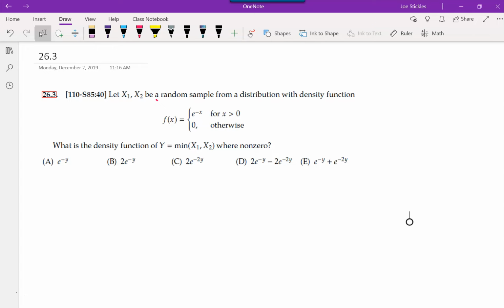I've got this density function associated with a random variable, and I'm going to pick two numbers at random according to this density function, and I want to know what the density function looks like for the minimum of the two values. Okay. We're going to do minimums and maximums today. We're going to talk about basically what we refer to as order statistics today. But let's just start with this particular example.